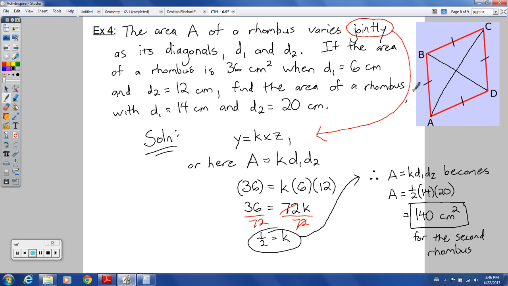You don't have to draw this again, but you could make a rectangle that would go around the outside here, and the length of the rectangle would be the length of this diagonal times the length of this diagonal. So you'd have D1 times D2. For each part here, each little triangle is half of the smaller rectangles that you see in here, and so the whole thing is half of the larger rectangle. The formula is based on that, so I didn't just make that up.